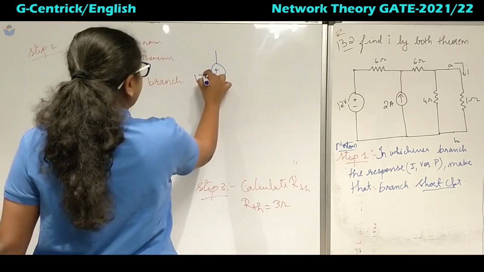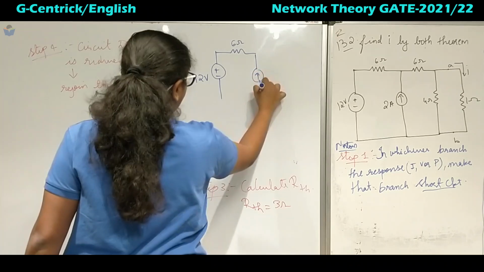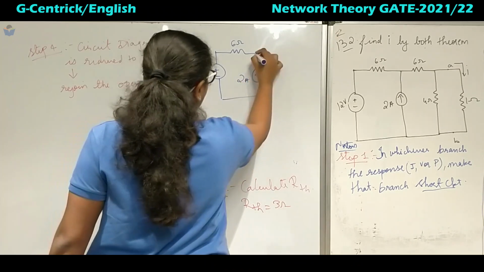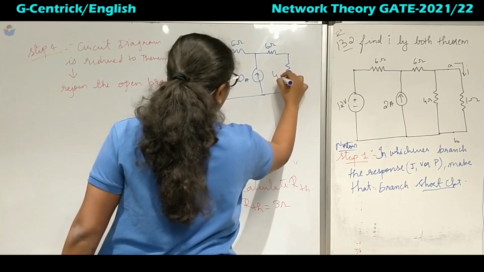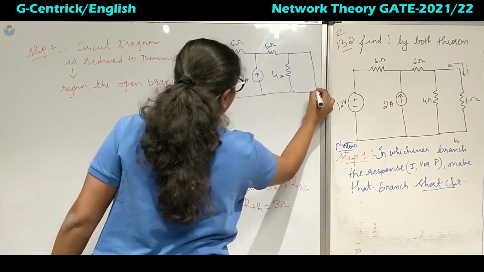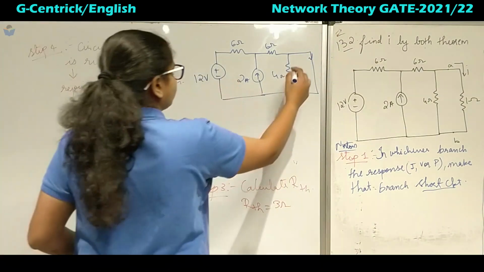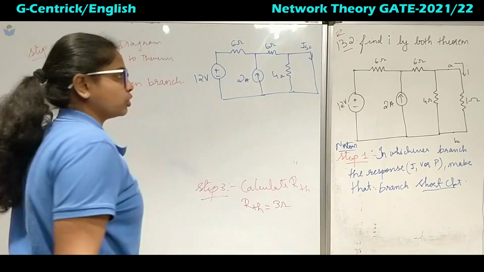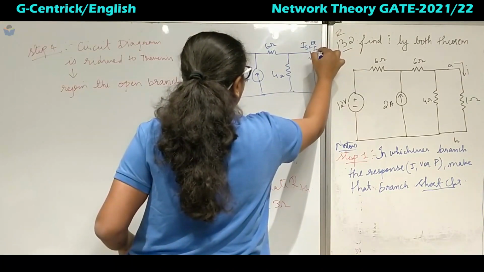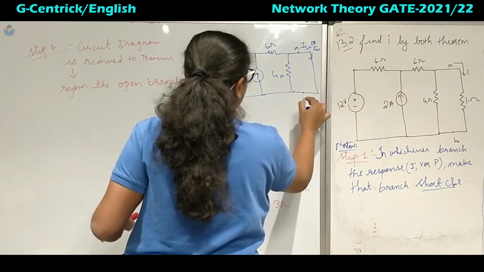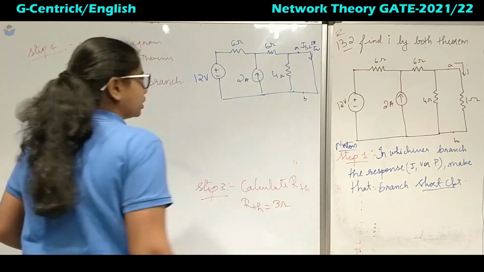So this branch will be reduced to 6 ohms, then we have 2 ampere, then we have 6 ohm, 4 ohms, and we have to short this branch. The current that flows over here, we will call it I short circuit or IN, that is the Norton current. This is terminal A and this is terminal B. So we have to find this I short circuit current.